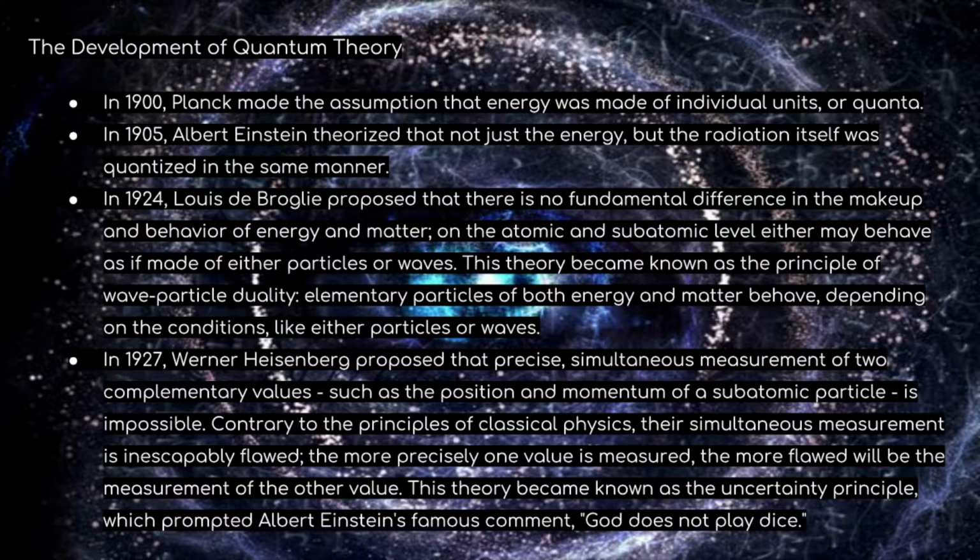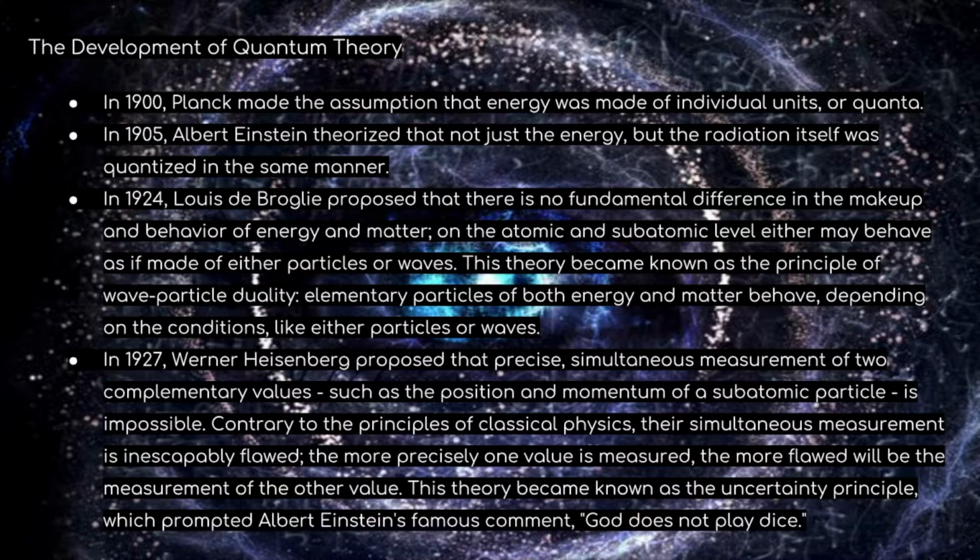On the atomic and subatomic level, either may behave as if made of either particles or waves. This theory became known as the principle of wave-particle duality. Elementary particles of both energy and matter behave, depending on the conditions, like either particles or waves.